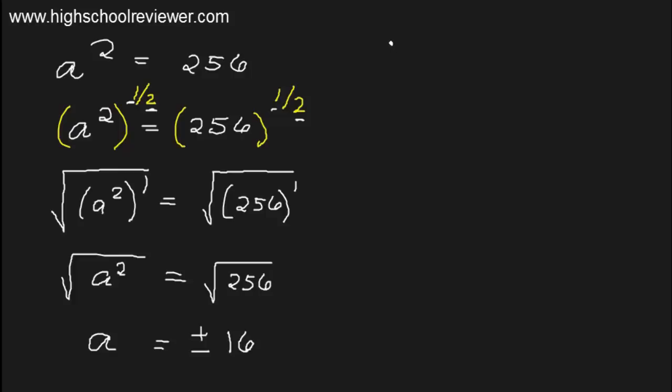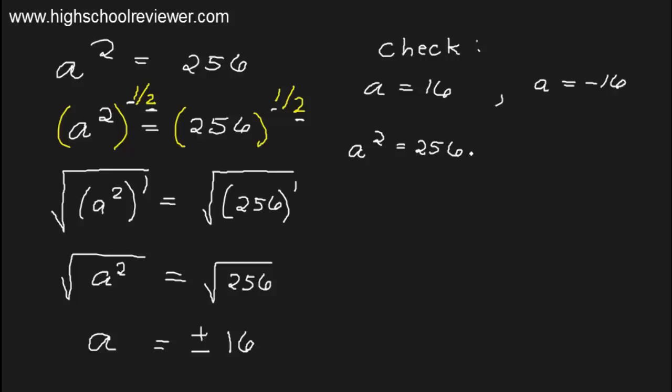And now let us check if our answers are correct. So we are going to substitute a equals positive 16, and also another a, which is negative 16. Our equation is a squared equals 256. So our a here is positive 16 raised to the power of 2, and this is 256.